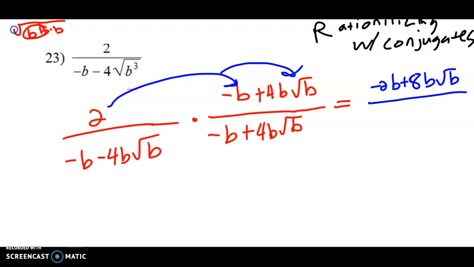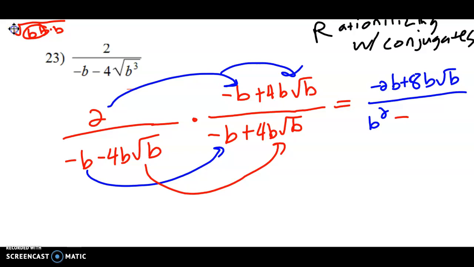And then in our denominator, we are going to square the first term. Negative b times negative b is b squared. And then we're going to take the last term and square it. A negative times a positive is going to be minus. 4 times 4 is 16.